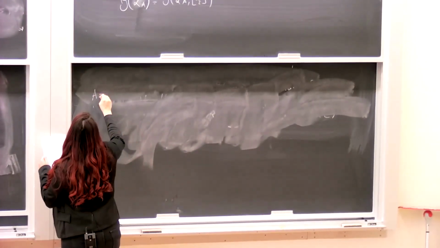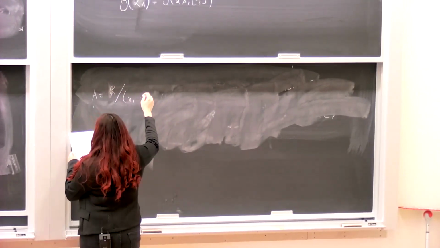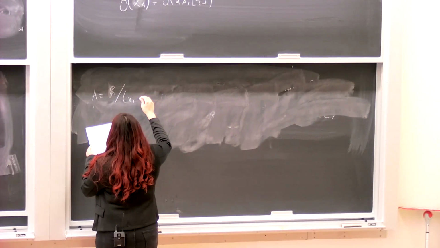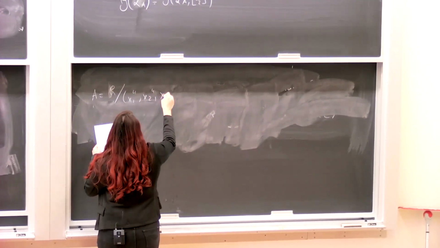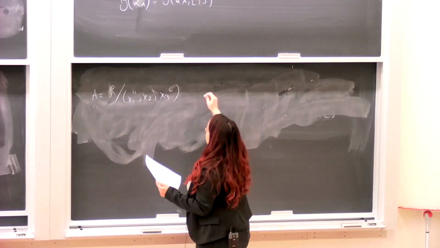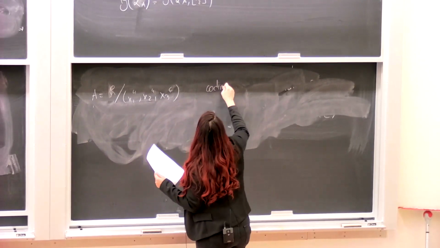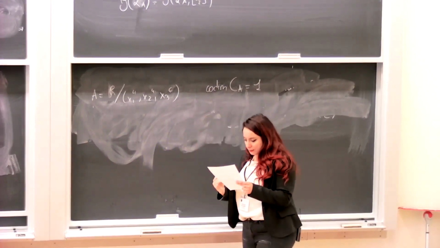So for example, for A = R over (x1^4, x2^4, x3^6), here the codimension of the non-Lefschetz locus is 1, so we have again a hypersurface.